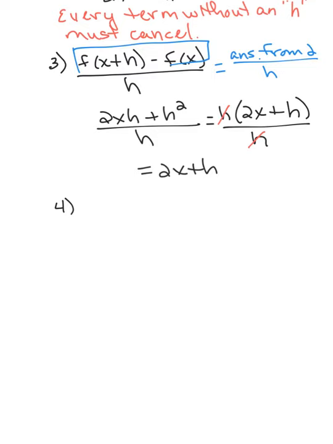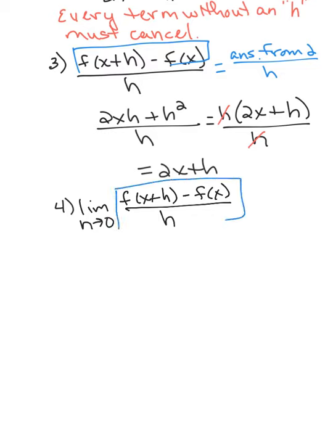Step 4 is to do the limit as h approaches 0 of f of x plus h minus f of x all over h. But if you look at step 3, this thing is what we found the answer of for step 3.